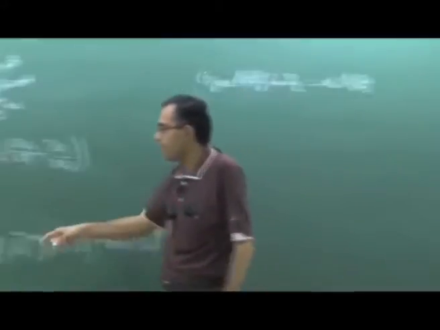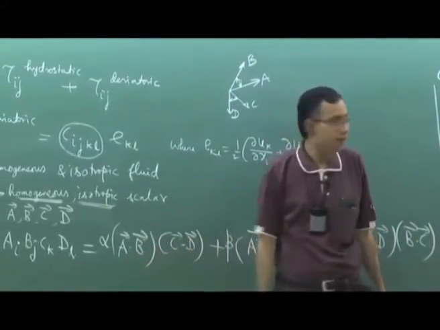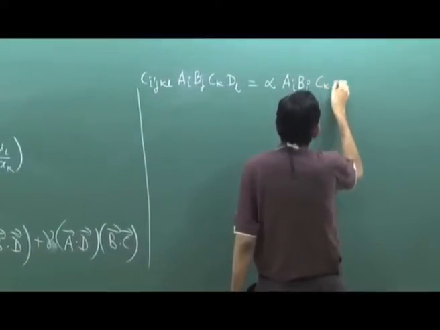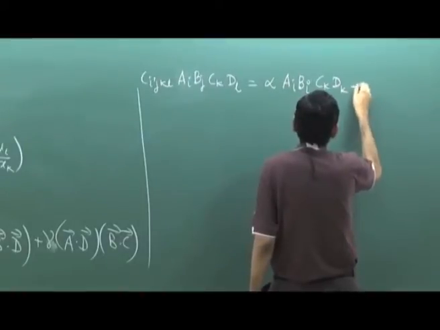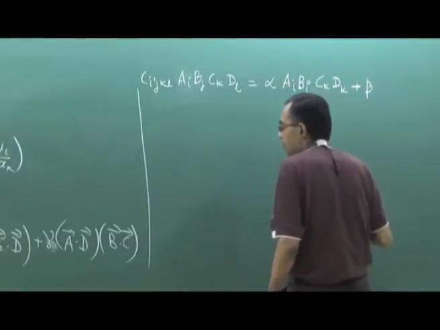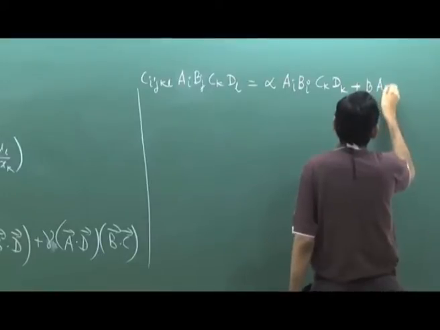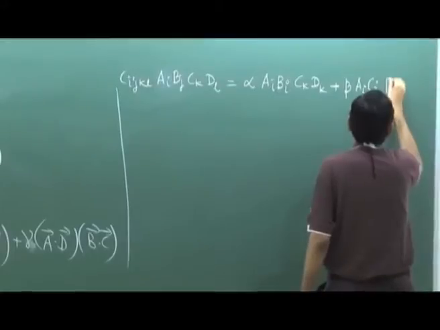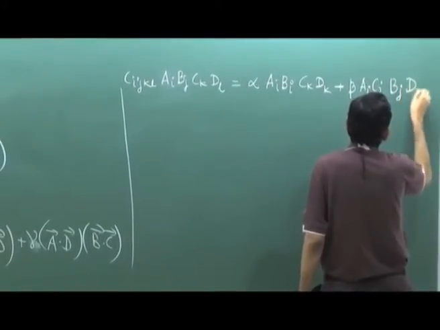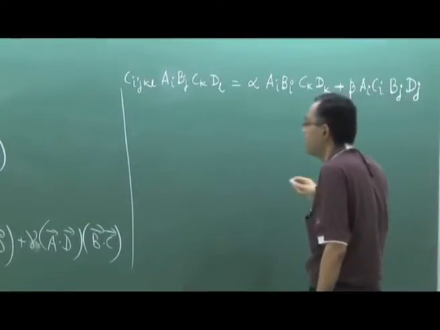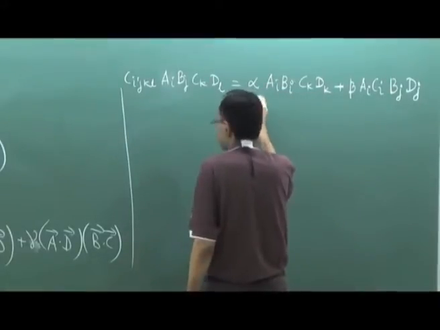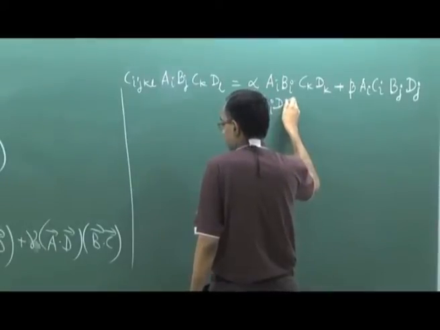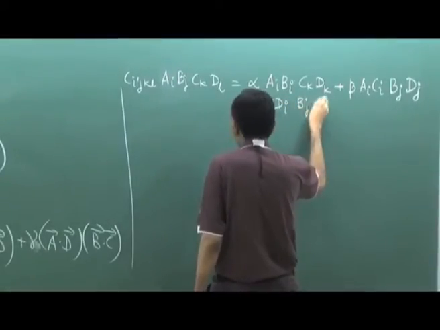A dot B you can write A_i into B_i, right? Then C_k D_k, plus beta A_i C_i into B_j D_j, plus gamma A_i D_i into B_j C_j.